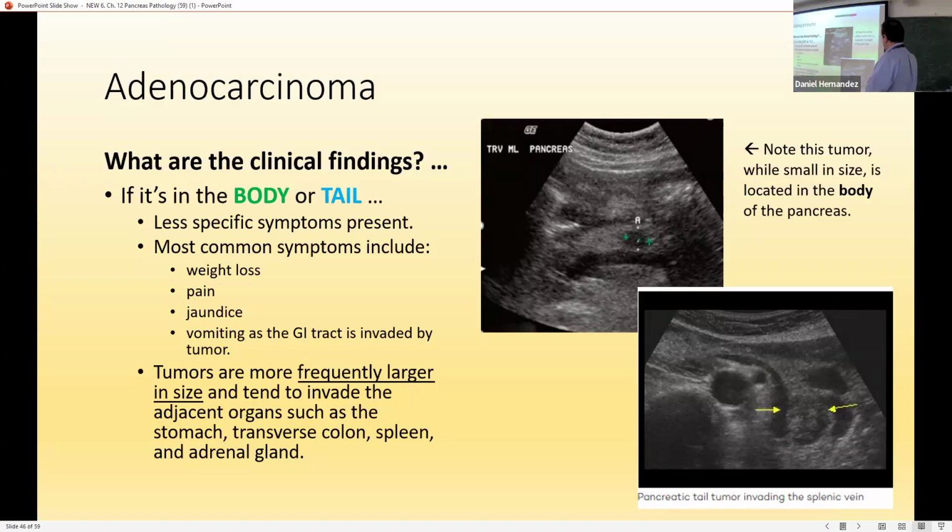You might just ignore it for a longer period of time, which unfortunately gives the time for that tumor to grow. So typically these tumors are larger in size and tend to invade adjacent organs and become further advanced in their staging because those symptoms are less severe and more non-specific.